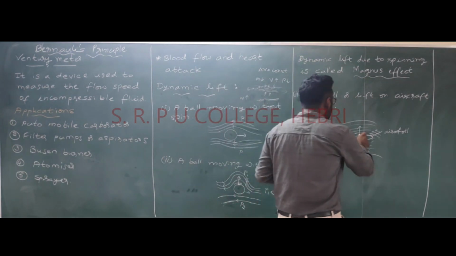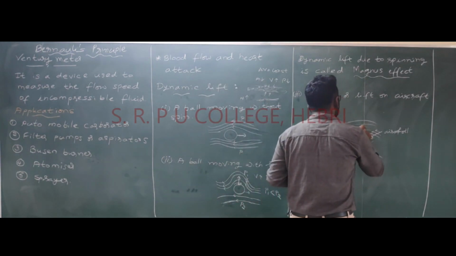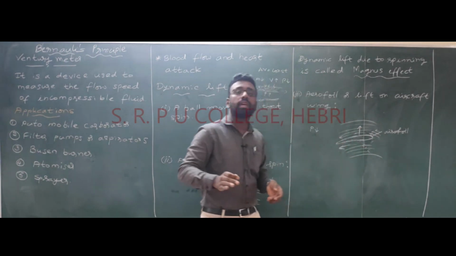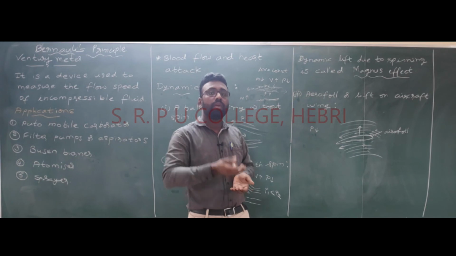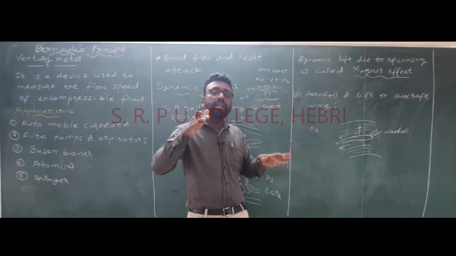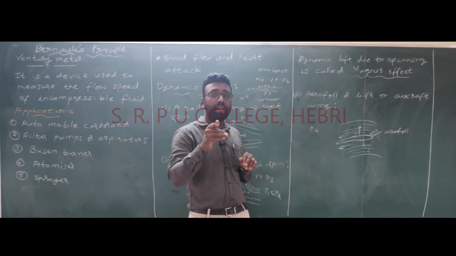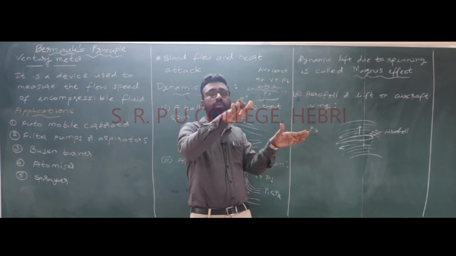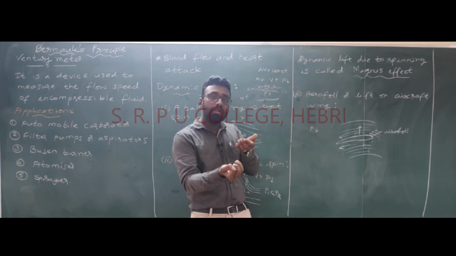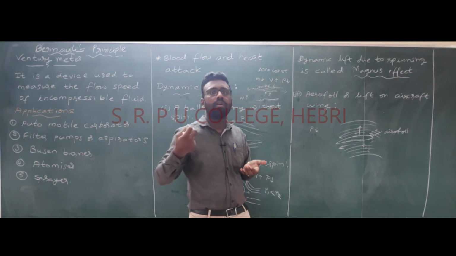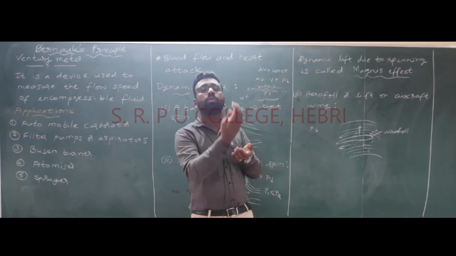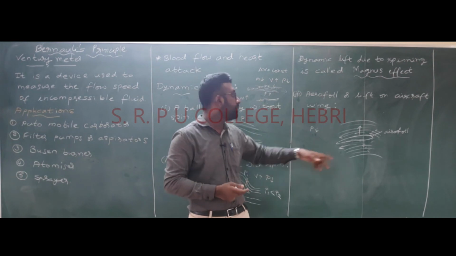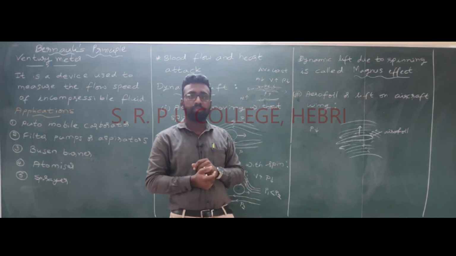You can see the aeroplane can easily take the proper lift. Without much difficulty, it can balance the weight of the aircraft while taking off. So other than the engine power, there will be extra help for the aircraft to easily take off due to the dynamic lift.